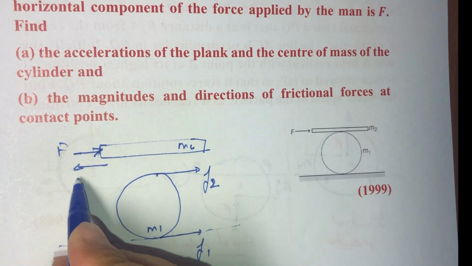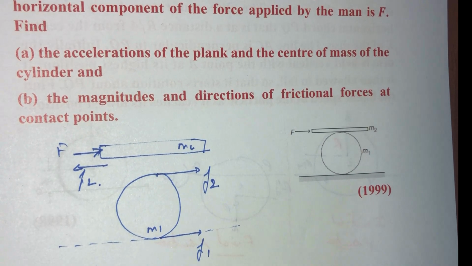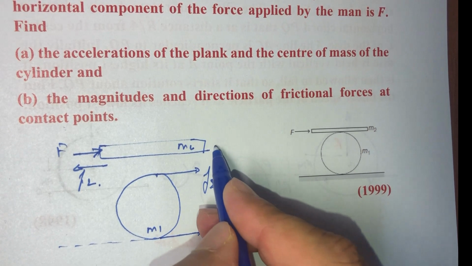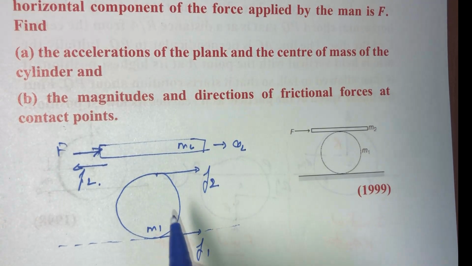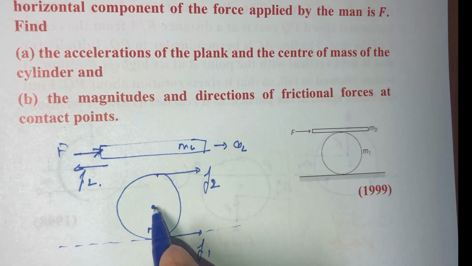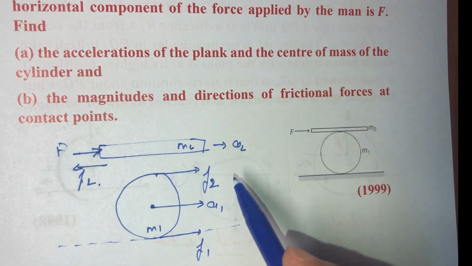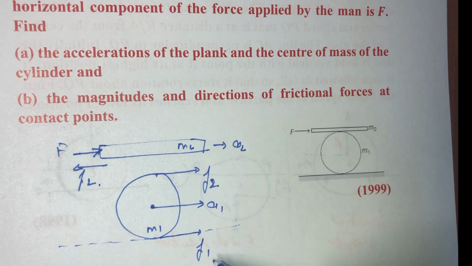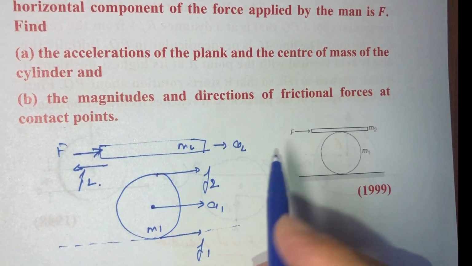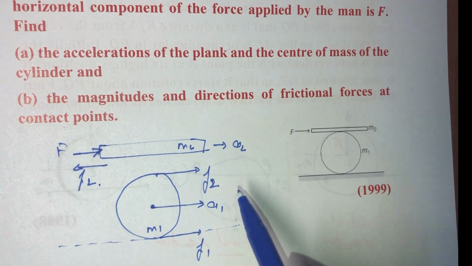Let us suppose it is given in this way, and we also assume that the plank has an acceleration of a2 and the center of mass of the cylinder has an acceleration of a1, and both the frictional forces f1 and f2 are acting in the same direction, and therefore we can write the equations of motion.